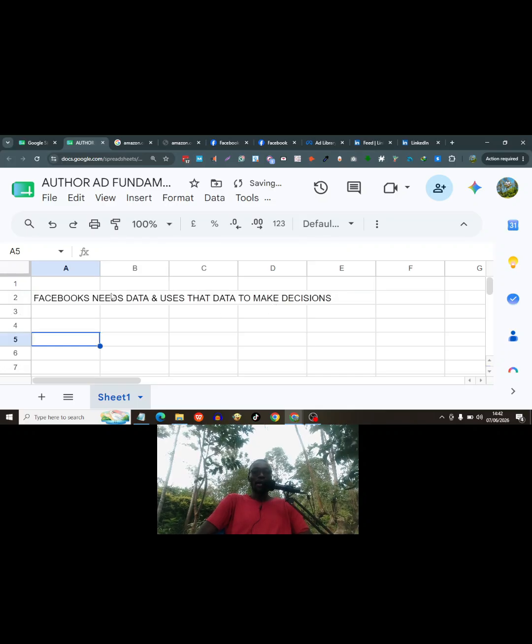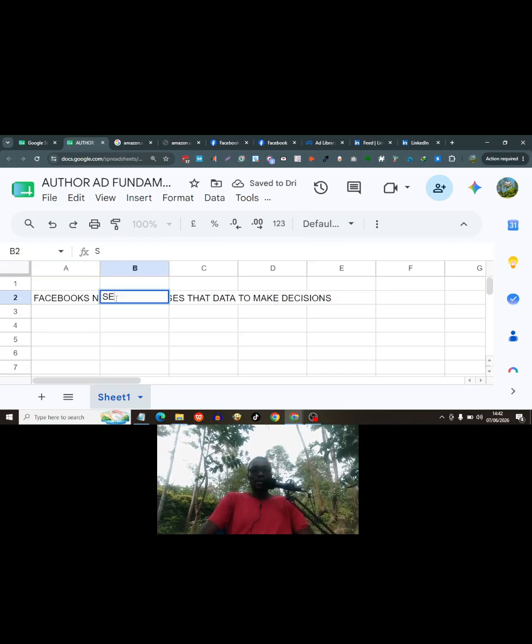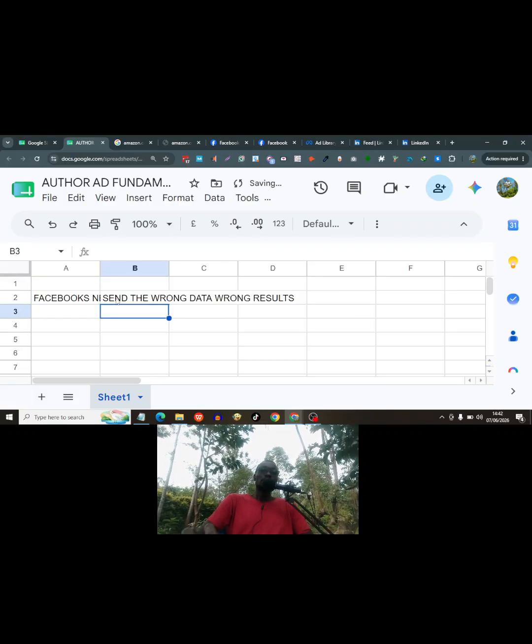That's one. Send the wrong data, get wrong results. Sounds simple, but this is a governing principle that will help you throughout. It applies to our sell the click, don't sell the book principle this way.